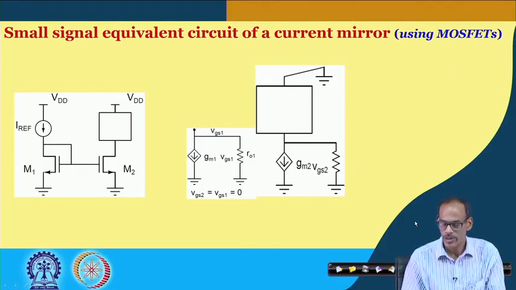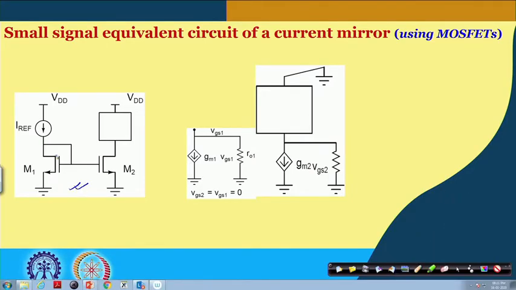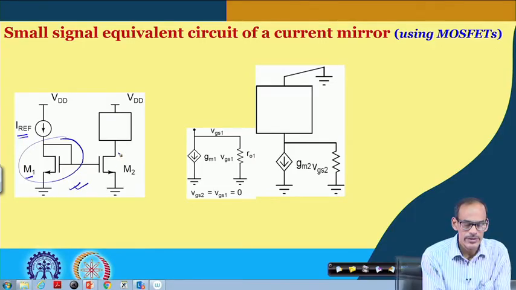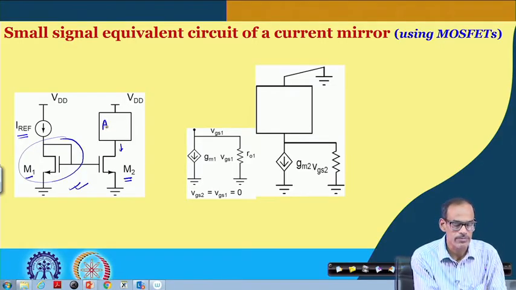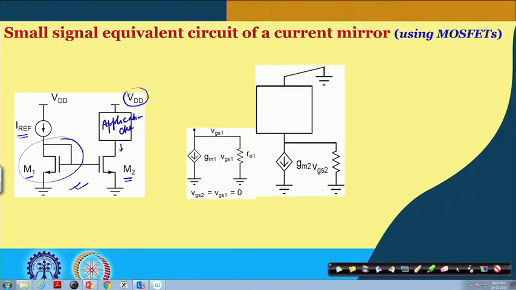Here we do have the current mirror circuit. We do have transistor 1, which is diode connected, and a reference DC current that is getting mirrored into this branch through transistor 2, and here we do have the application circuit, which is connected to the power supply.